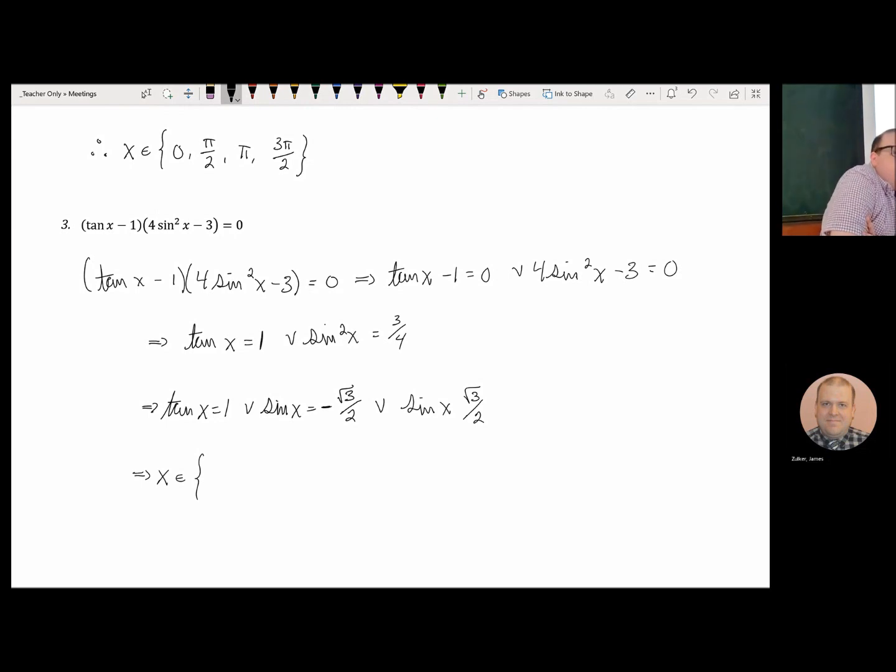Where is tangent 1? Where is sine of x negative √3/2? Is sine negative there?